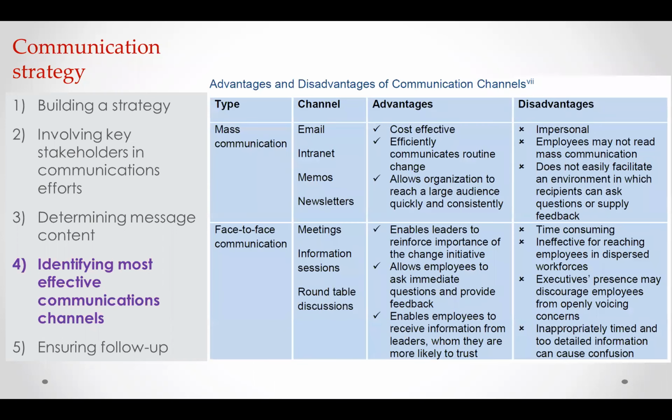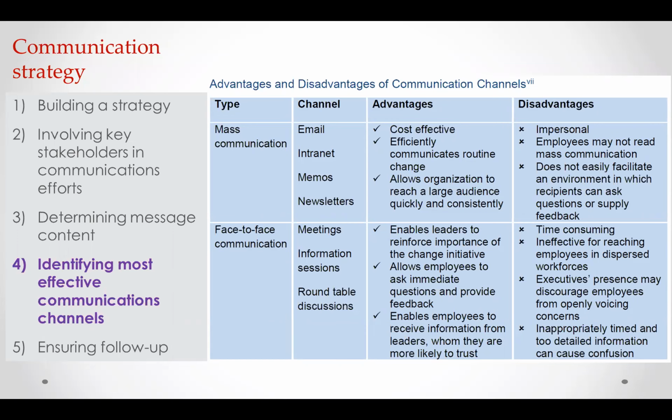So some of the different communication channels that you can use, the advantages and disadvantages, are listed on the screen there. One is, you do a general mass communication, an email blast, or a little blurb via your intranet, send some memos, newsletters, put something on a bulletin board, send some SMSs in bulk.